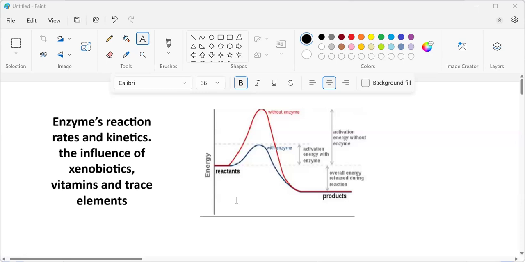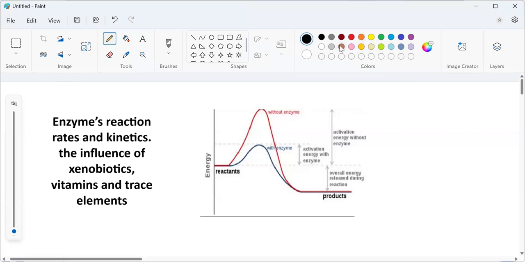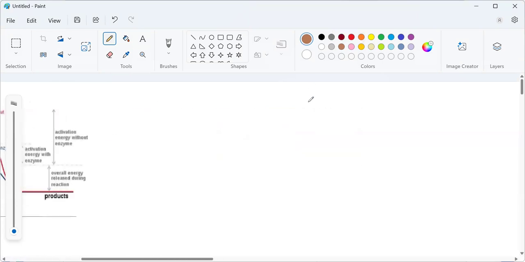Then there are several factors that affect the enzyme-catalyzed reaction. Let me increase this.